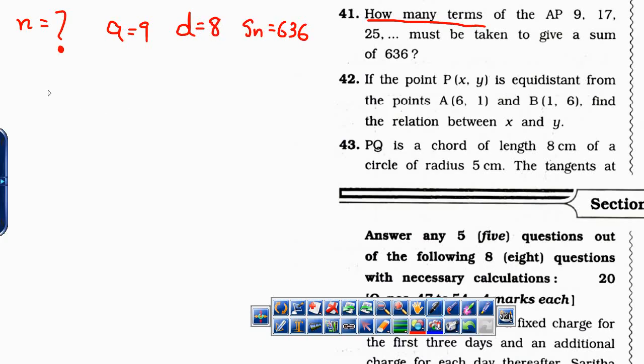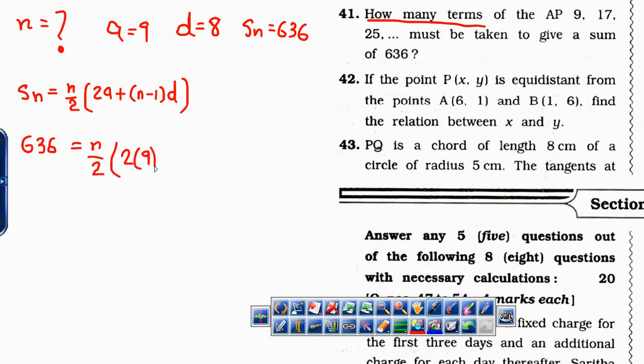You just have to apply the Sn formula. Sn is equal to n by 2 times 2a plus n minus 1 d. Sn is 636, n unknown, a is 9, d is 8.